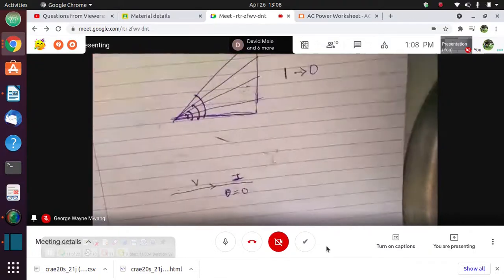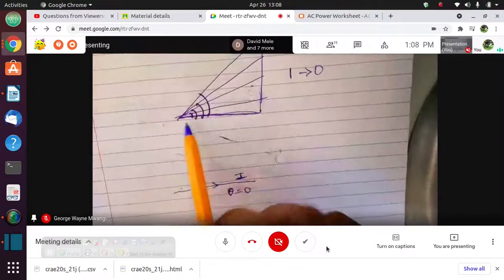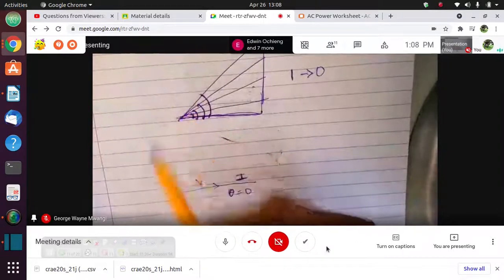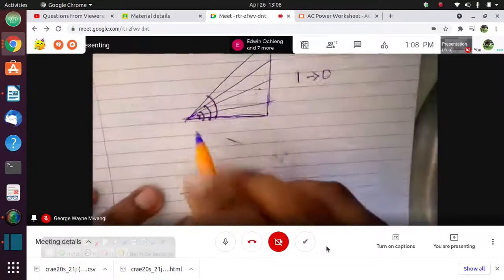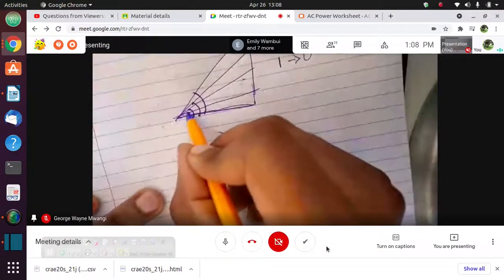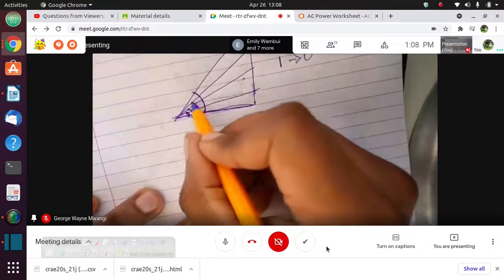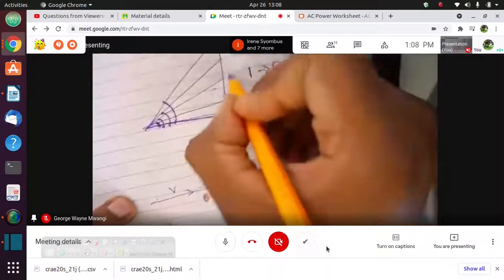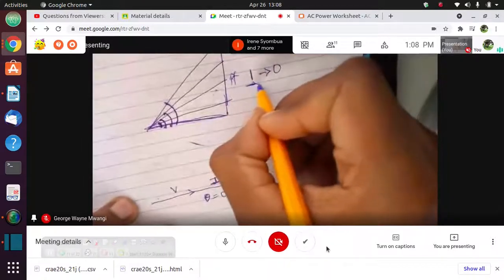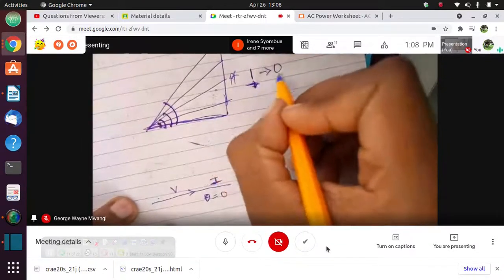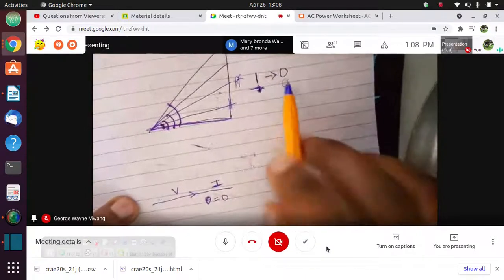I was saying, in these triangles that I have drawn, the power triangle, the impedance triangle and the voltage triangle, this angle here, as it increases, you'll find that our power factor will decrease from the perfect power factor, which is 1, to 0, which is the worst. What do I mean?